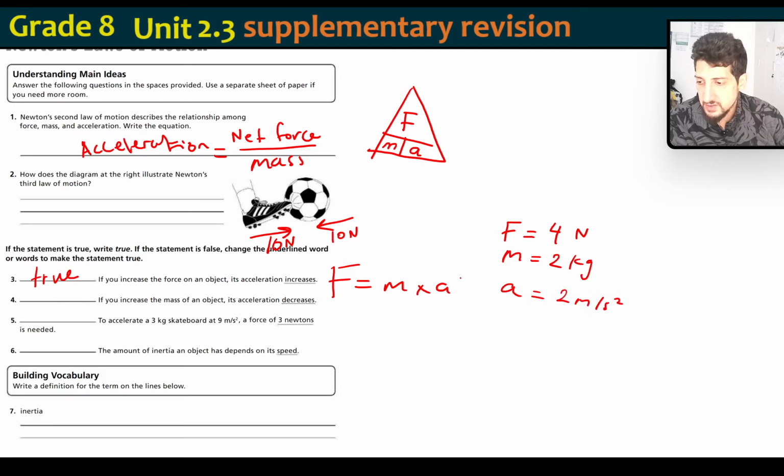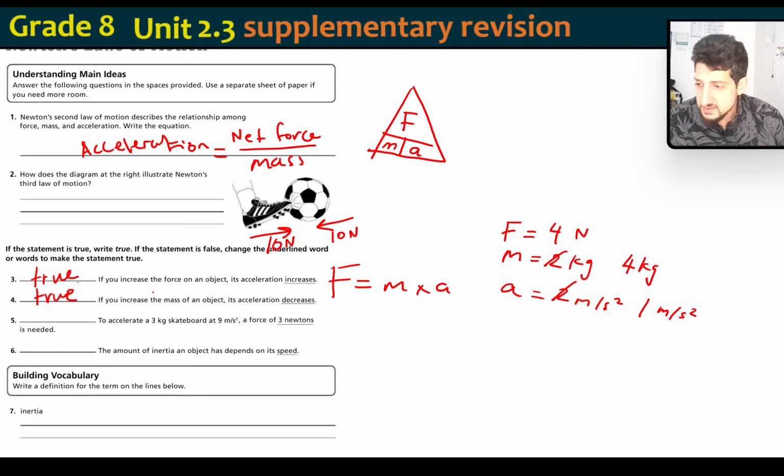That's just an example, yeah? If you increase the mass of the object from 2 to 4 kilograms, and we keep the force exactly the same, then the acceleration will decrease to maintain the force. So if you increase the mass of an object, the acceleration decreases. True. As long as the force is kept the same, then it's true.